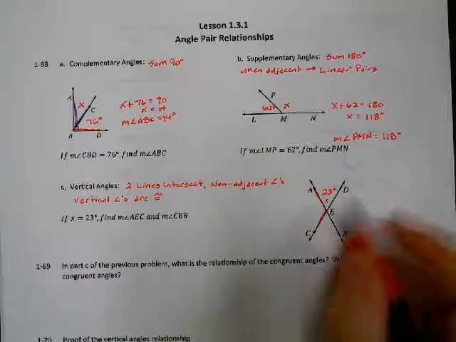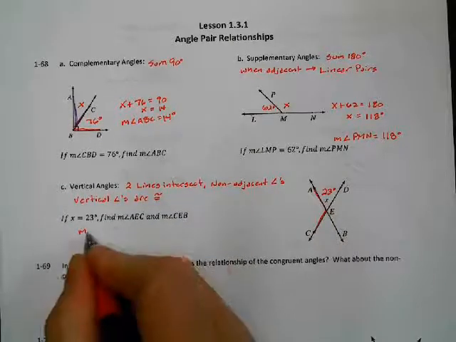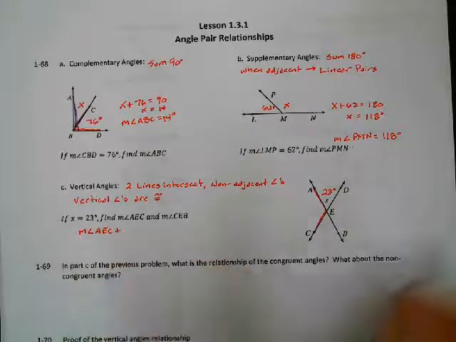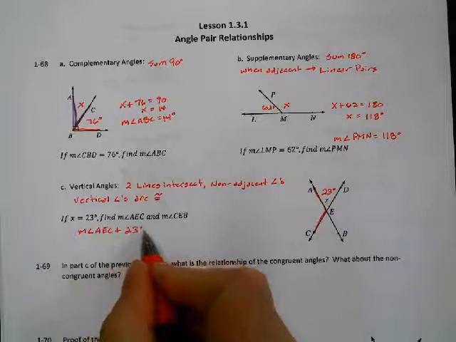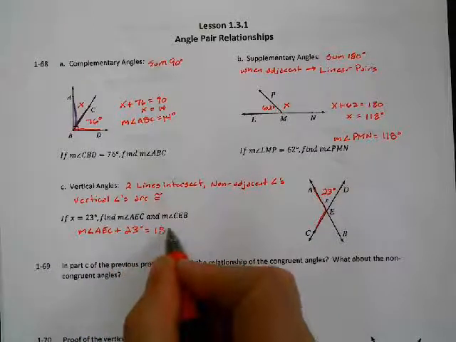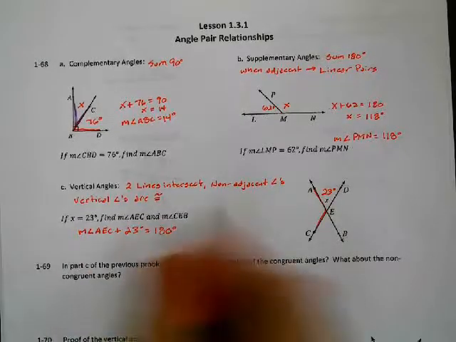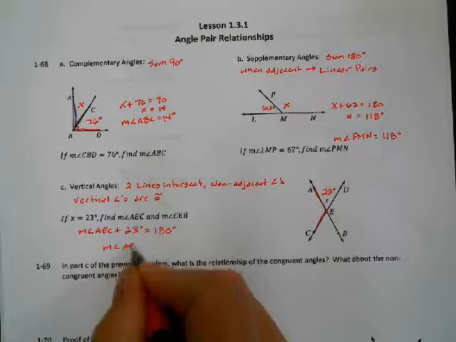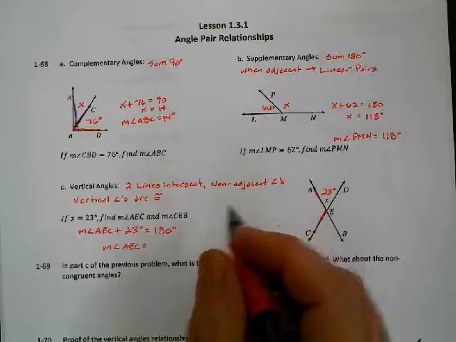So the measurement of angle AEC plus this angle that's 23 adds up to 180 degrees. If I subtract 23 from both sides, the measurement of angle AEC is 157 degrees.